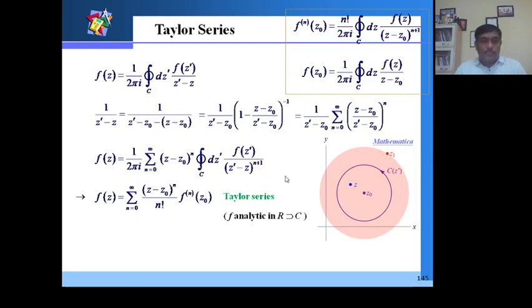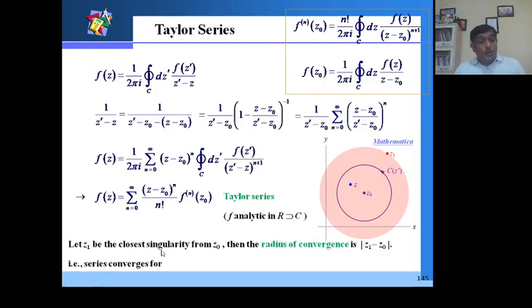Here this is known as the positive terms of the series. We can write this as z minus z naught to the power of n, times f to the nth derivative of z naught divided by n factorial, using Cauchy's nth derivative formula.